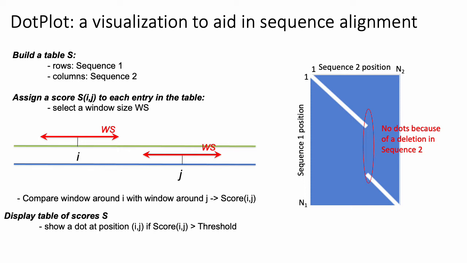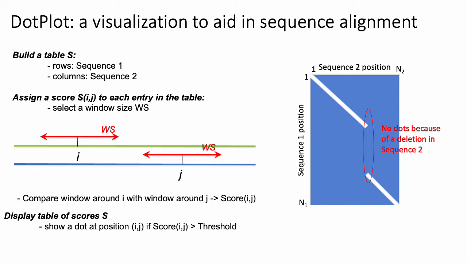Sij is either 1, which happens if a short sequence around position I in sequence 1 and the short sequence around position J in sequence 2 have a high alignment score, so they match pretty well, then the value in the heat map at that position ij is 1.